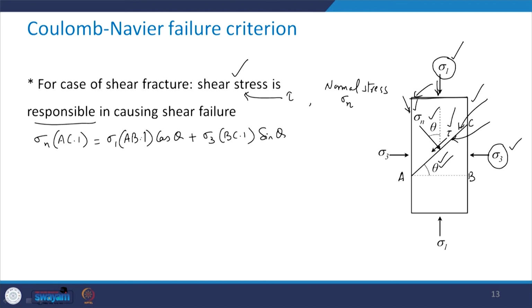Why we are multiplying by 1 is that the dimension in the plane perpendicular to the plane of this screen is being taken as 1.